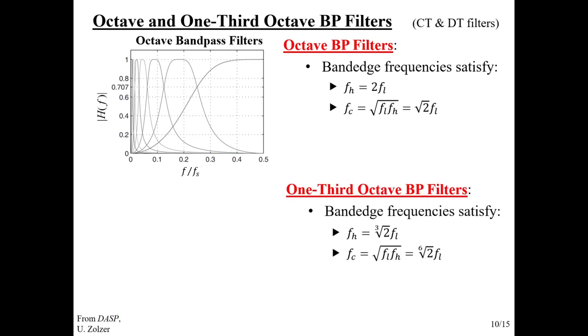All right, let's look at 1/3 octave bandpass filters. Now if we define our higher point to be the cube root of 2 times FL, rather than 2 times FL, and now if we plug that in here for FH and work out the math, it ends up being the sixth root of 2 times FL rather than the square root of 2 times FL.